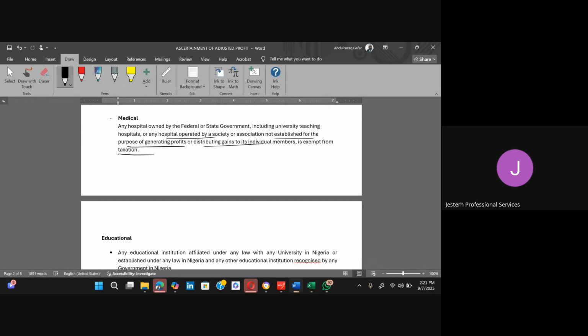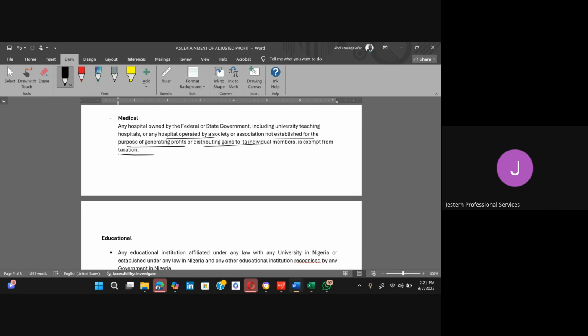We also have an association that has a hospital just to provide charity for people. Any profit that they generate will be tax exempt, provided that profit will not be distributed to the members of those hospitals.